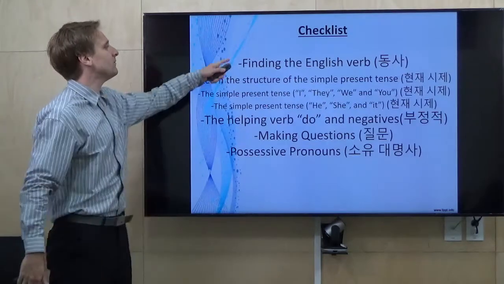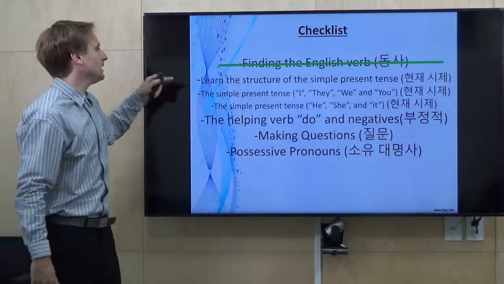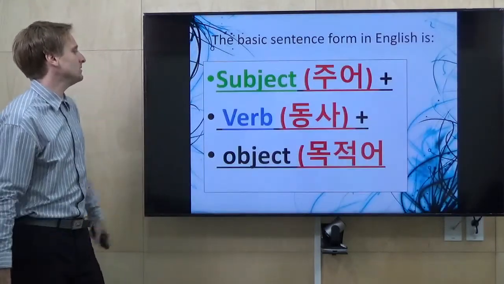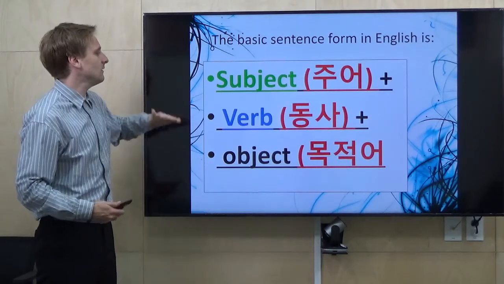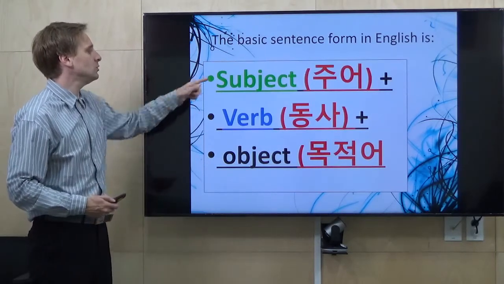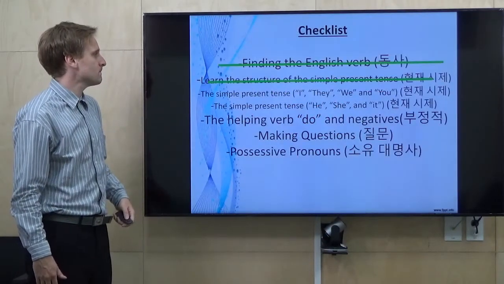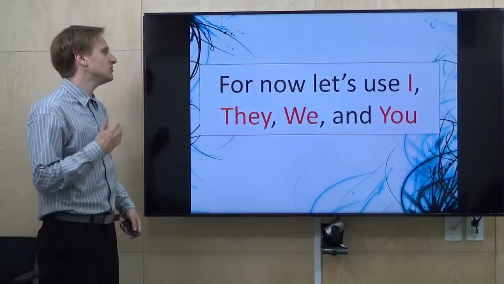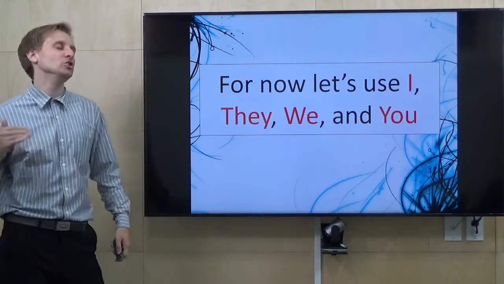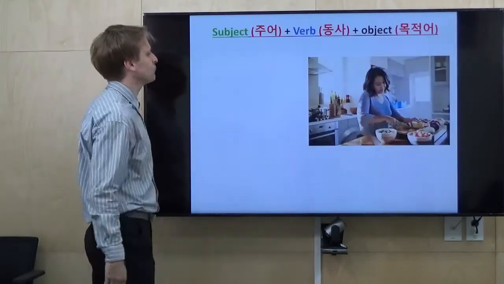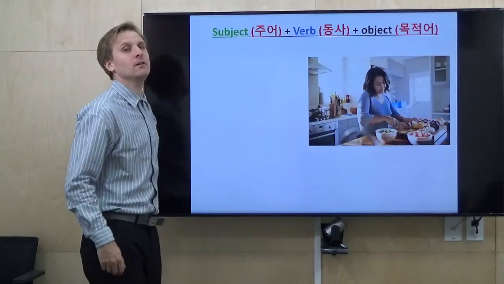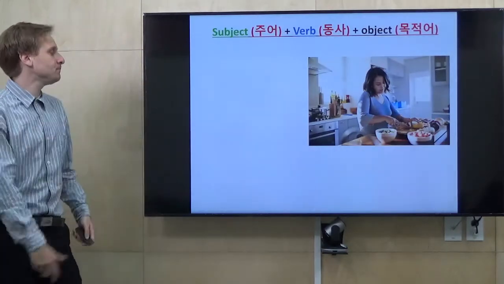So we've learned how to find the English verb and learn the structure of the simple present tense. Subject, verb, object. Right? So let's try it with I, they, we, and you. I. Subject, verb, object. 3, 2, 1.